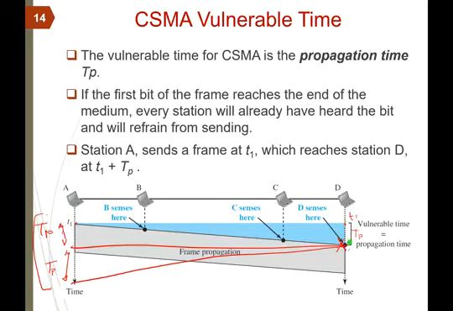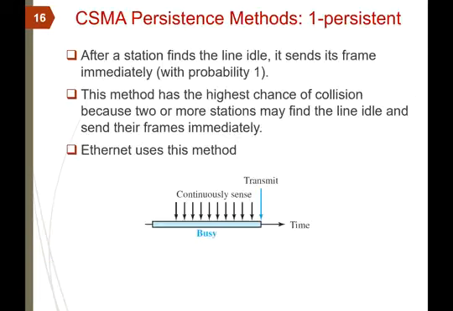So it should have waited until this point to check that there is no collision, no problem with data. So A should actually continue sending data for this time period, for 2 times TP, until it's sure that there is no collision. So this is the requirement.